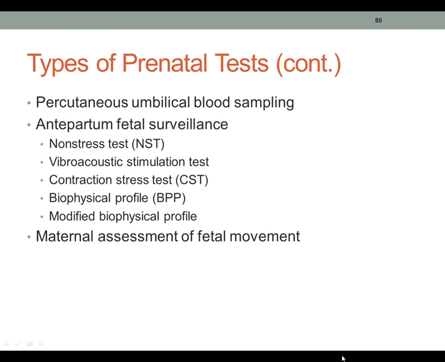We have the contraction stress test, which is also called the oxytocin challenge test. We have a biophysical profile, or BPP, and it looks at 5 parameters with the fetus. We can have a modified biophysical profile, and then we can have mom do a maternal assessment of fetal movement, which is a kick count.